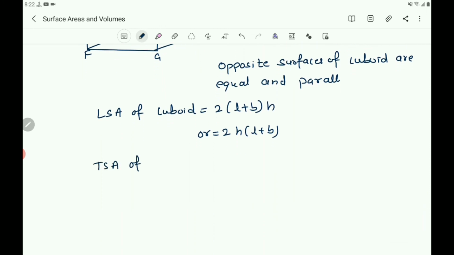TSA of cuboid equals, that 2 into L into B plus B into H plus H into L. That is the TSA of the cuboid.